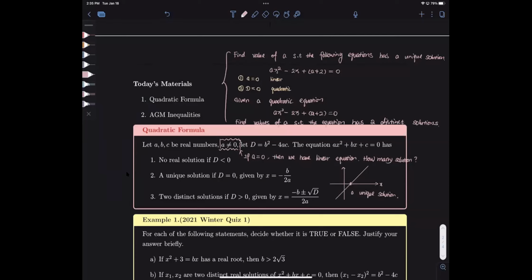Now you're going to think, oh, has two distinct solutions. What does that mean? That means my D has to be greater than 0. That is correct. But at the same time, you would think, oh, it's a quadratic equation, so a cannot be 0.